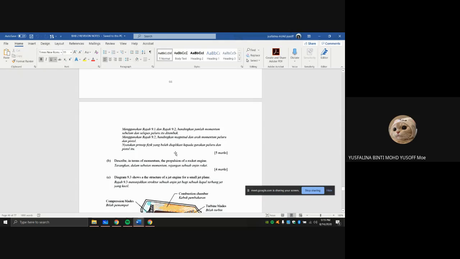I repeat, the exhaust gas is ejected out of the rocket nozzle at high speed. Later, if you cannot follow the sentence I gave, you can just watch the video later, okay?